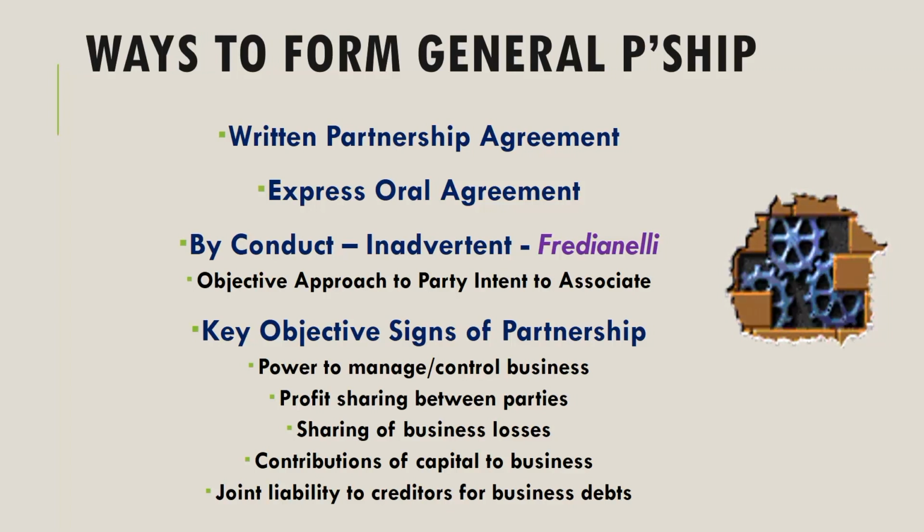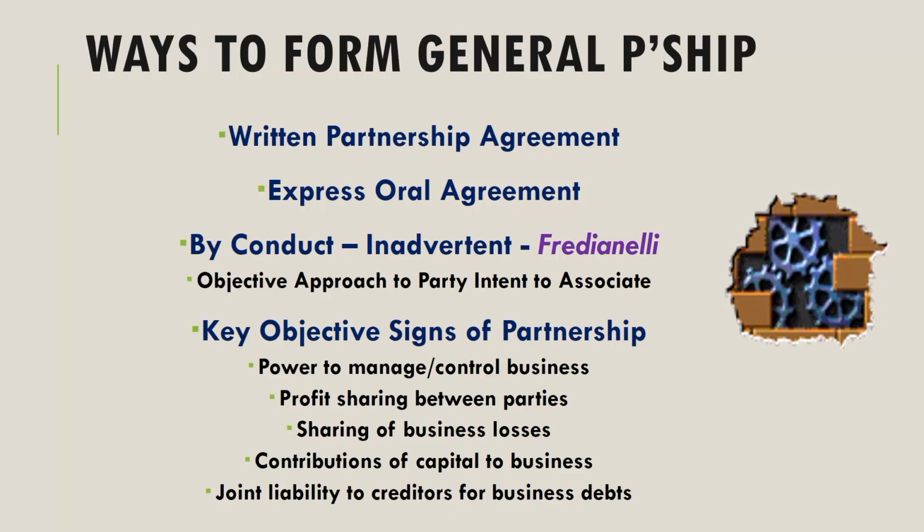The power to have profit sharing between the parties. He got some kickback, but he didn't share the entire profits of all of their music, and he pretty much got the cut they were willing to give him over time. The idea of sharing business losses. They didn't have to write any check anytime the band had a tour and had expenses, or if they lost money on a tour. Contributions of capital, we don't have any of that.